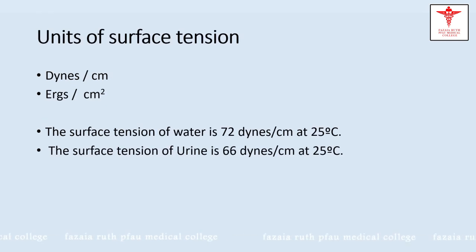The unit of surface tension is either dynes per centimeter or ergs per centimeter square. The surface tension of water is 72 dynes per centimeter at 25 degrees Celsius, and that of normal urine is 66 dynes per centimeter at 25 degrees Celsius.